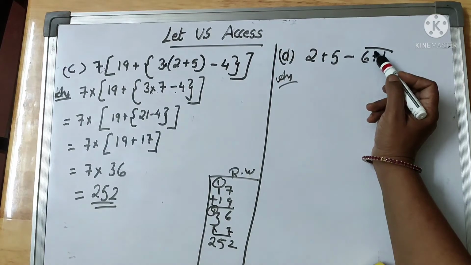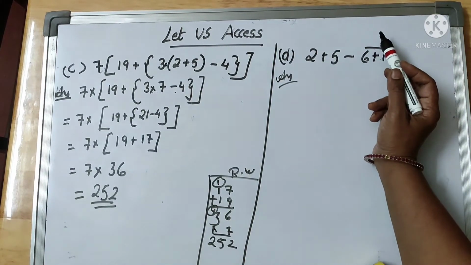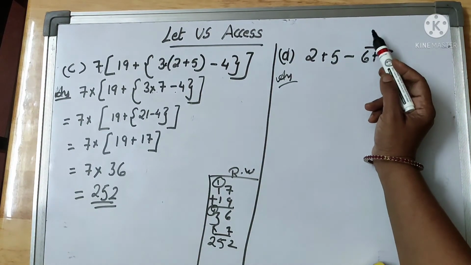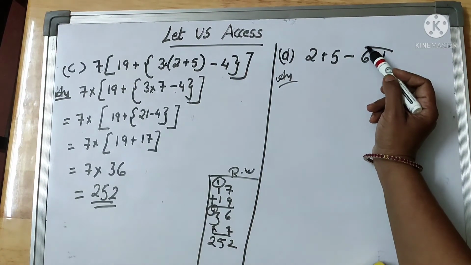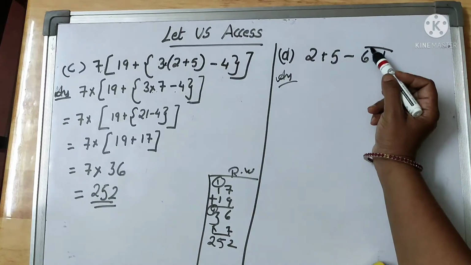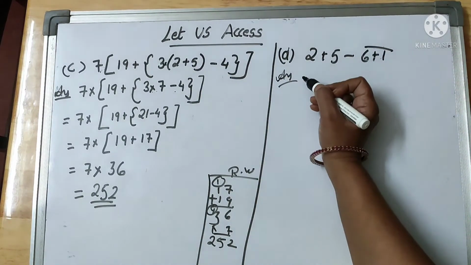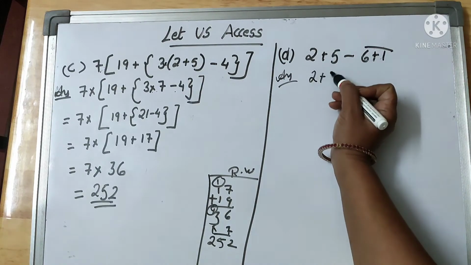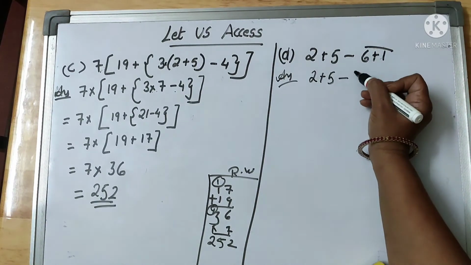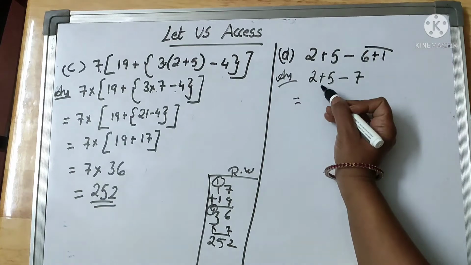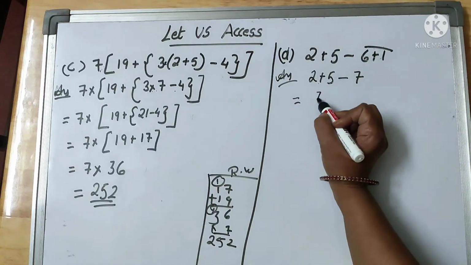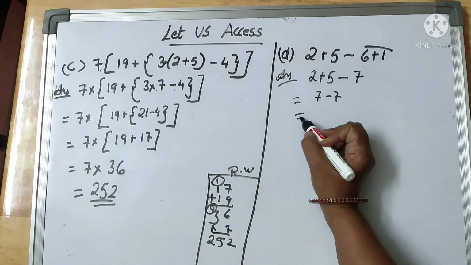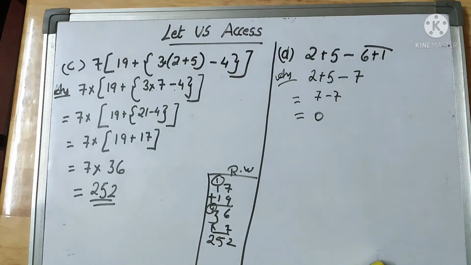If any bar is there, then see BODMAS, and in BODMAS, B is for bracket, and in the bracket also, before the square bracket, first we evaluate whatever expression is there over the bar. जैसे बार के नीचे जो expression है उसको पहले evaluate करते हैं. So it will be 2 plus 5 minus 6 plus 1, which is 7, then we do addition. Now 2 plus 5 is 7. 7 minus 7, answer comes out to be 0.